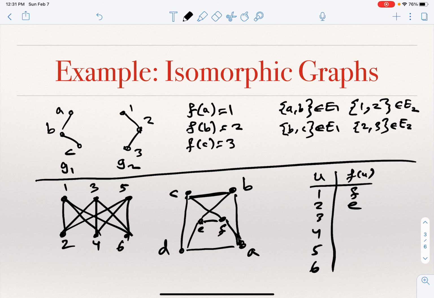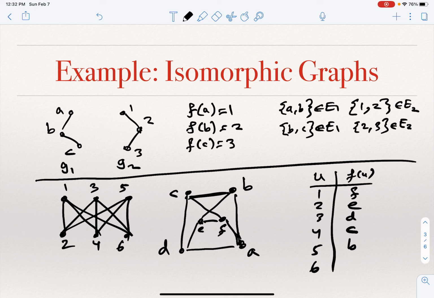Node 3, I can map it to node D, and node 4, I can map it to node C, and node 5, I can map it to node B, and this leaves 6 goes to A, right?